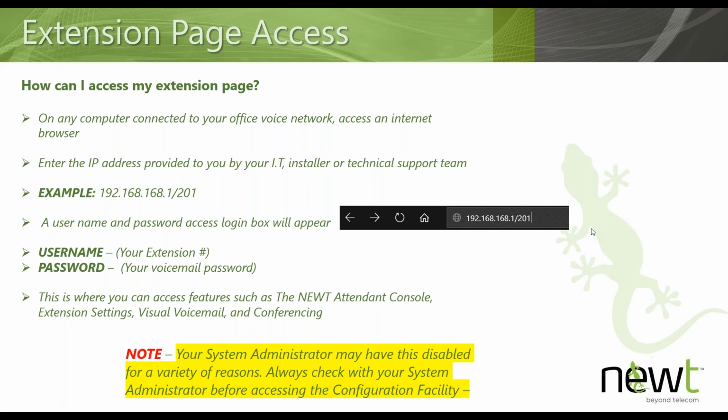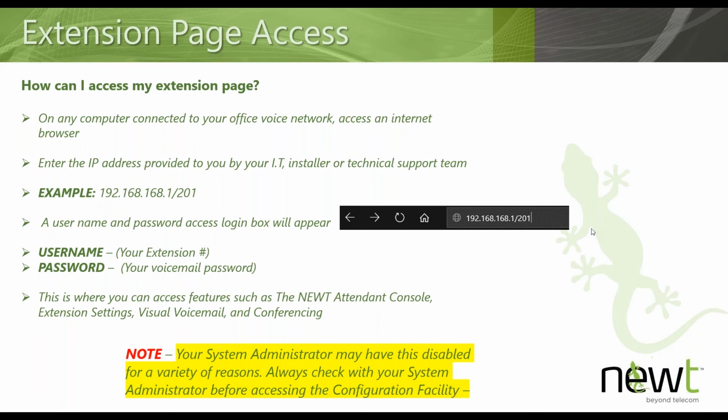Okay. Now, in order to get into your extension page, you need that IP address. Plunk it into a browser, add a slash and your 3 or 4 digit extension. If you see that example about midway down the page, it's going to bring up a credentials box where it asks you for a username and your password.